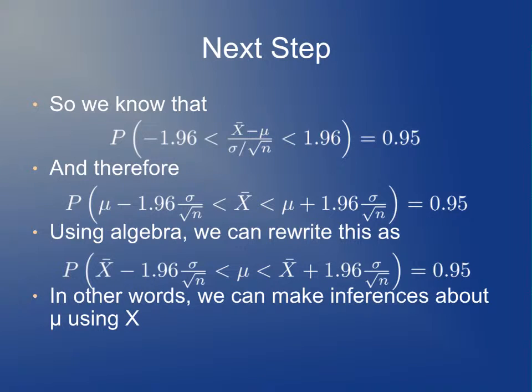So if we rearrange that equation using algebra, we ultimately end up with the probability that mu is between x bar plus or minus 1.96 times sigma over the square root of n is about 0.95. In other words, we can make inferences about mu using x bar. Given x bar, we can come up with an interval that's chosen such that there's a 95% probability that it contains mu.